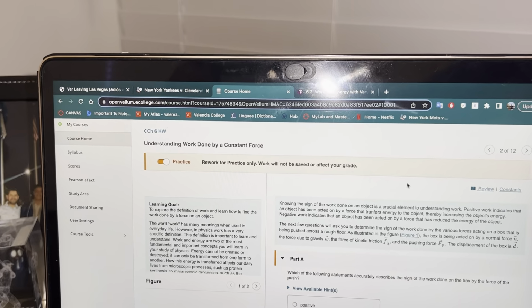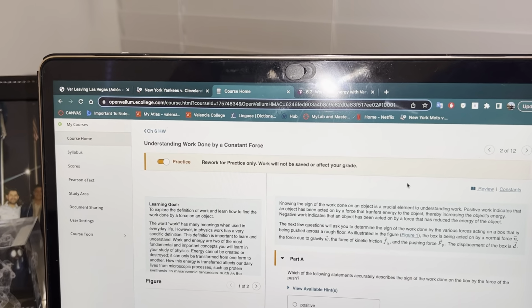This is important because if we are using this equation, work by normal force equals normal force times d times cosine of theta.